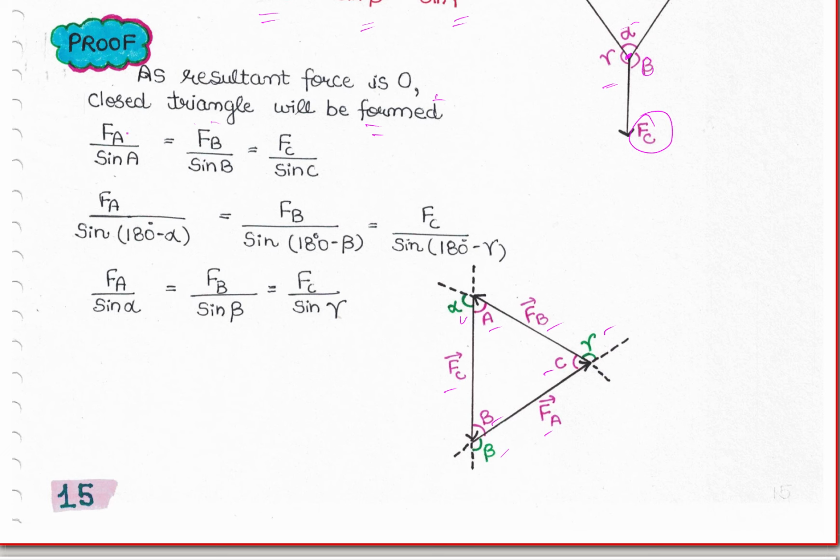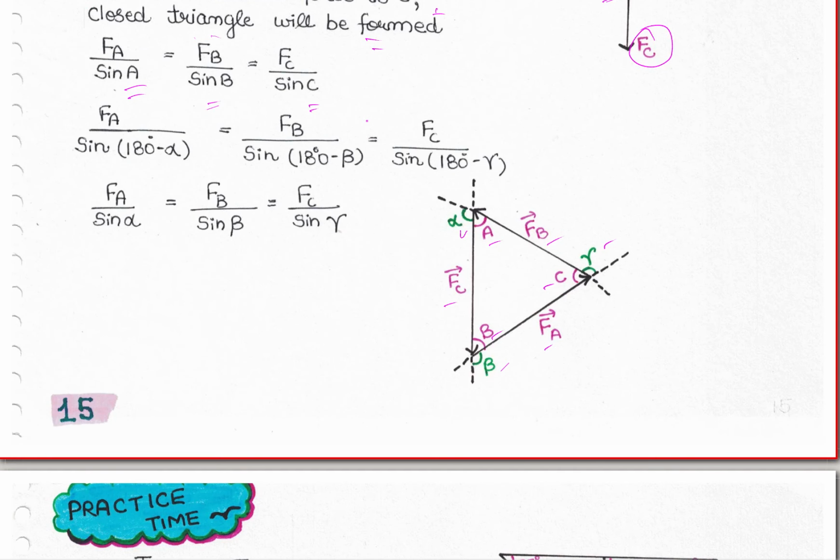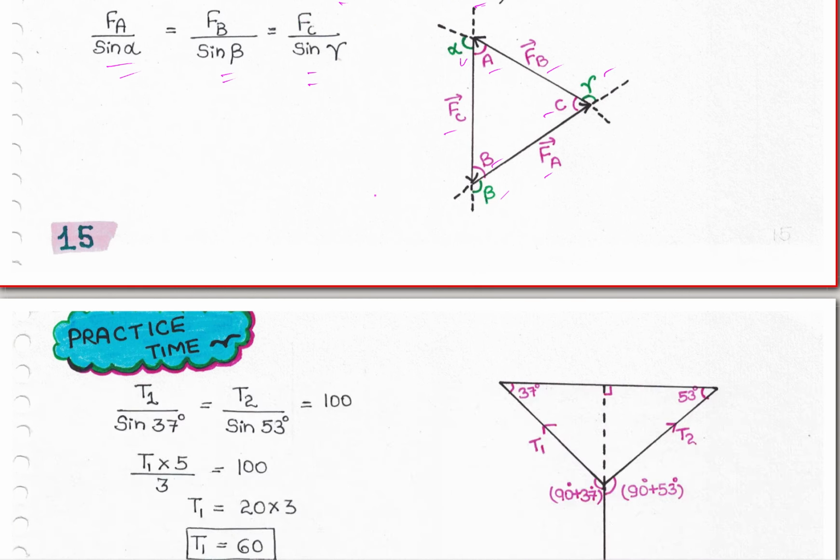So you can write Fa by sin A is equal to Fb by sin B is equal to Fc by sin C using the sine law. Now Fa by sin (180 degree minus alpha) is equal to Fb by sin (180 degree minus beta) is equal to Fc by sin (180 degree minus gamma), or Fa by sin alpha is equal to Fb by sin beta is equal to Fc by sin gamma.